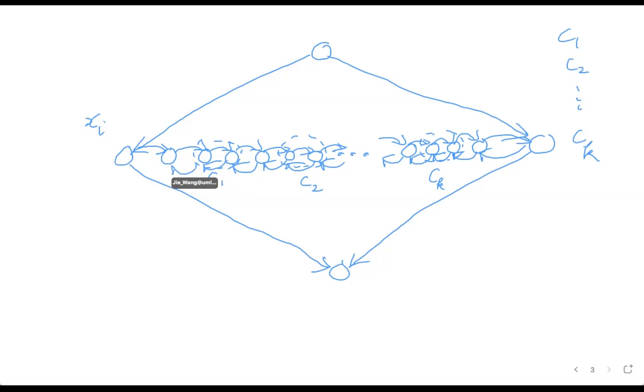So that is for one variable. And you look at the literals, right? So if the literal is like this, then you start the traversal. So the traversal looks like this.